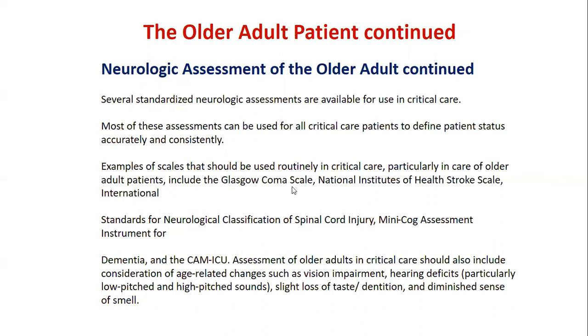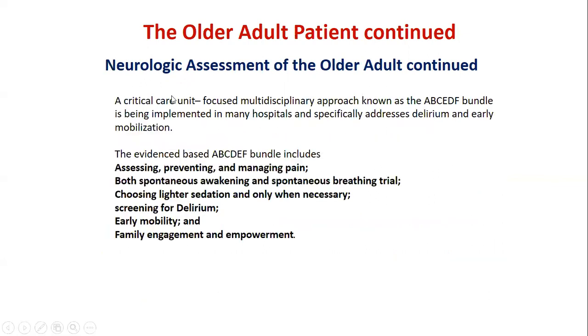What next? Next here, neurological older critical care unit focuses on the multidisciplinary approach known as ABCDEF, right? So I am talking about something that is being implemented in many hospitals and especially addresses delirium and elderly mobilization.